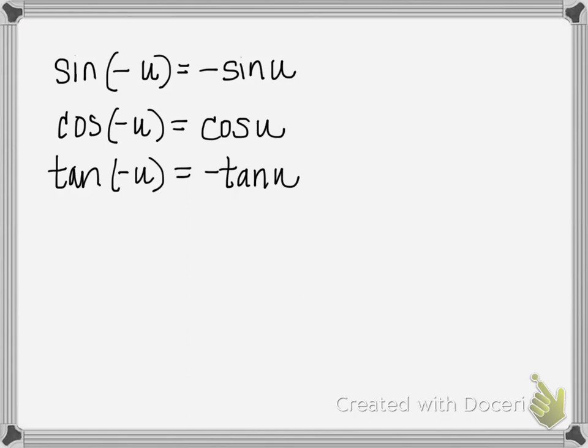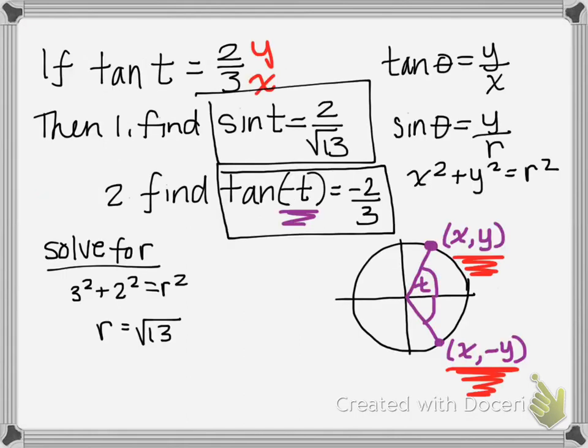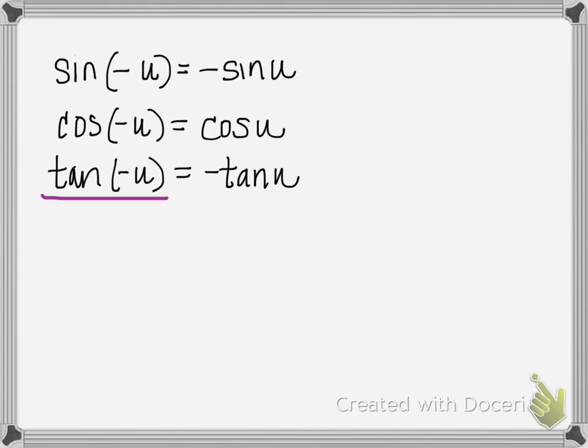As you see, we were asked for the tangent of negative t, and in the formula that's given, the tangent of the negative angle is equal to the opposite of the tangent.